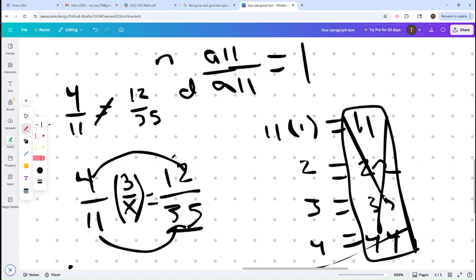Now, what's the other way? You can take a calculator, and I'm going to do that here. I'm not going to spend too much time on it. You can take a calculator and divide 4 by 11, which is a weird thing. It repeats. 4 divided by 11 is 0.363636.